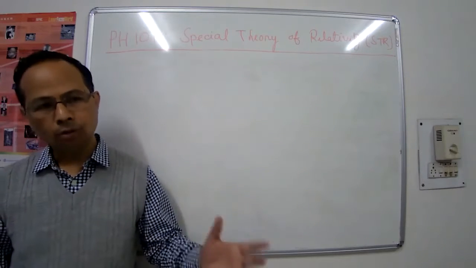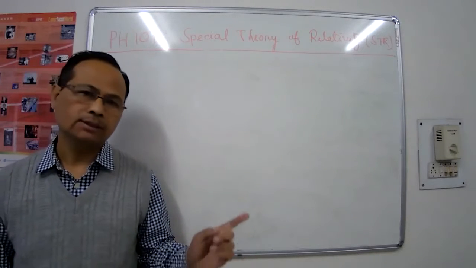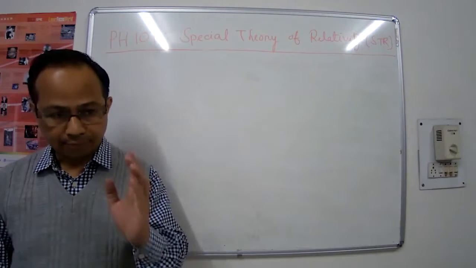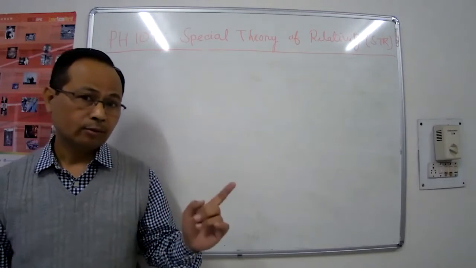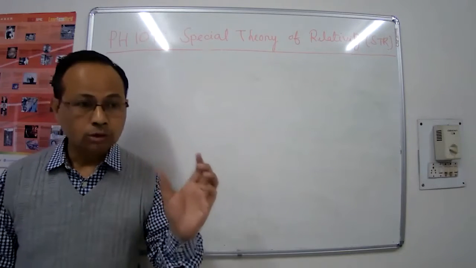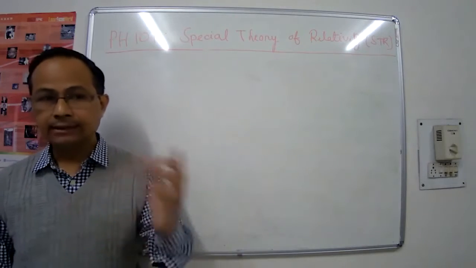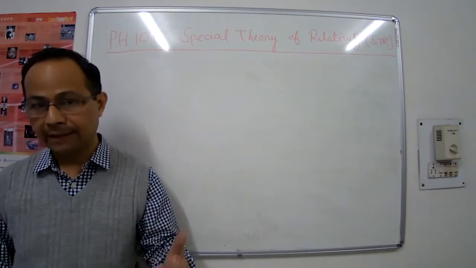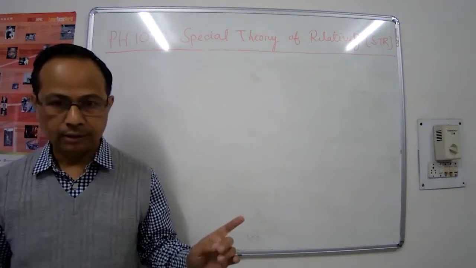Whenever you are performing an experiment to measure a quantity, it has to be with respect to a certain frame of reference. If there is a relative motion between the frame of reference in which the measurement is made and the frame of the body whose physical parameter you are measuring, and the relative motion is comparable to the speed of light, only then will Newton's laws become inadequate.